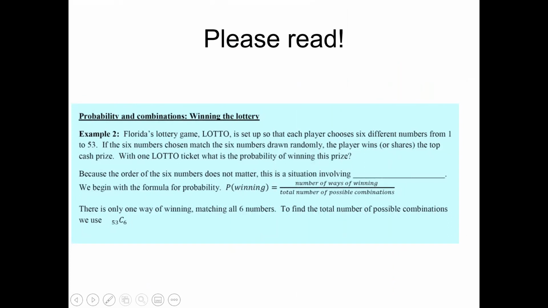Okay, because the order of the 6 numbers does not matter, and the keyword is "does not matter," the situation is going to be a combination. And this is going to be our formula right here, which is also the total number of possible outcomes.